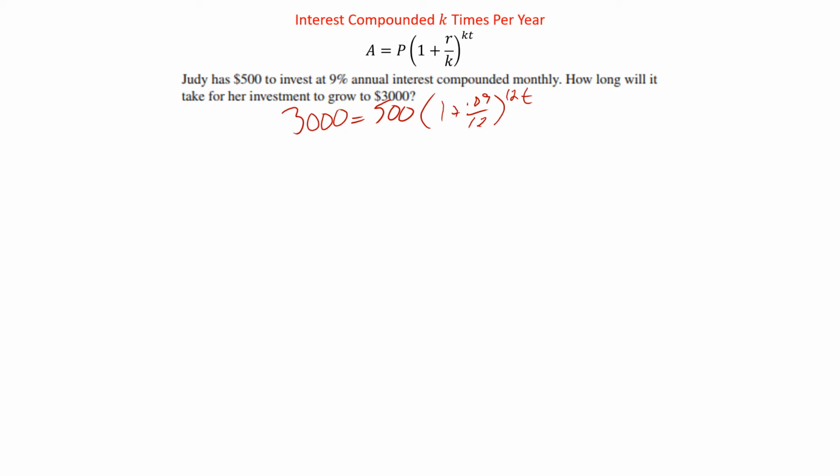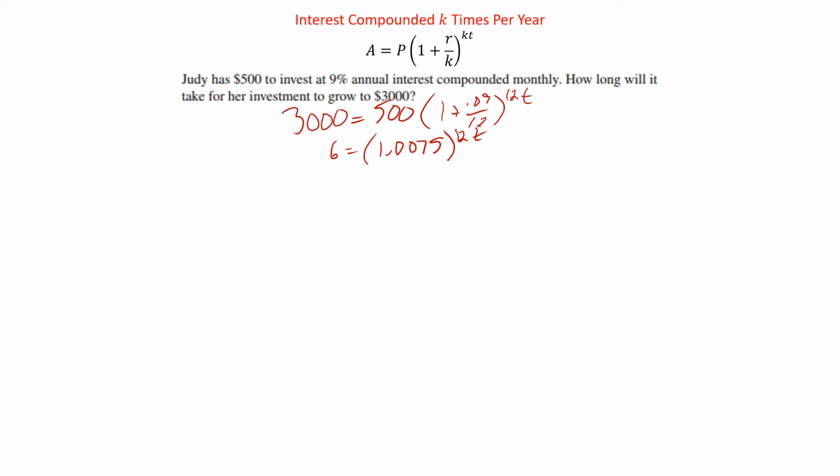To solve this algebraically, we're going to want to divide by 500. So we'd get 6 equals 1 plus 0.09 over 12, which is 0.0075, so 1.0075 to the 12t. And now we could take the natural log of both sides. You could take the regular log as well, but I always go natural log.